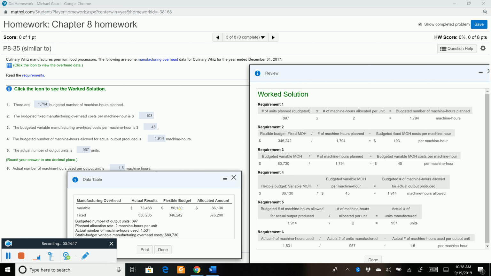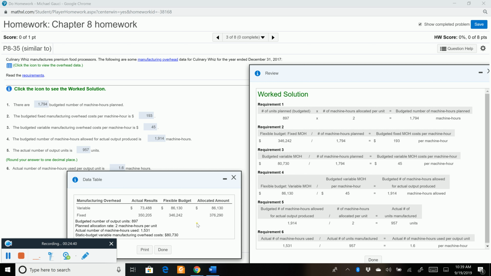You can see with variable, of course, the flex budget is indeed what we allocate. Fixed, remember, there is a difference, because with the fixed, we are going to allocate based on the actual activity level, all right, which is different than the actual budget.